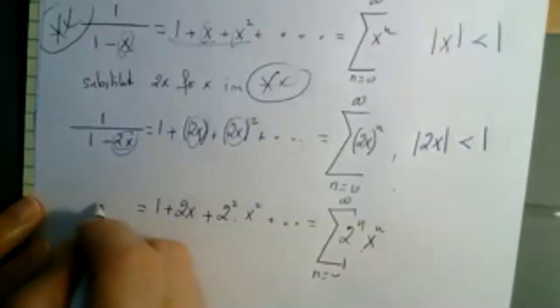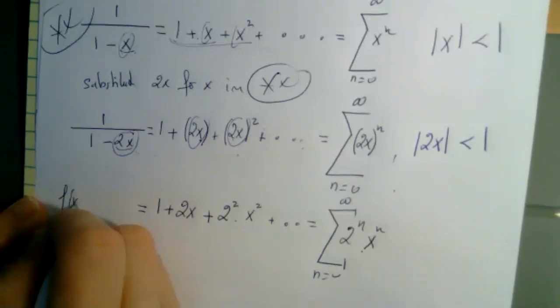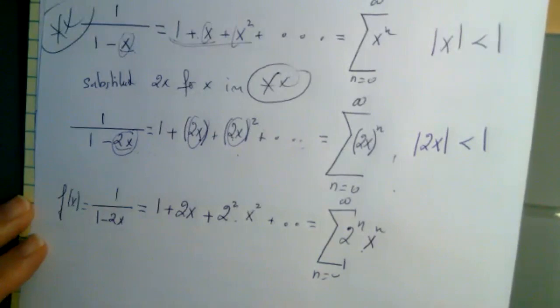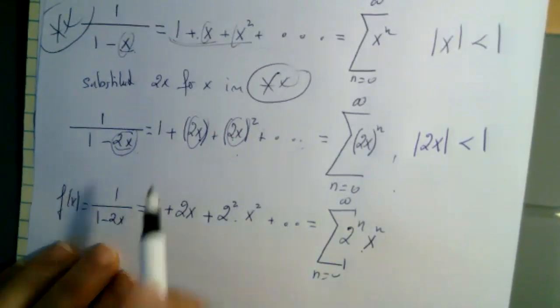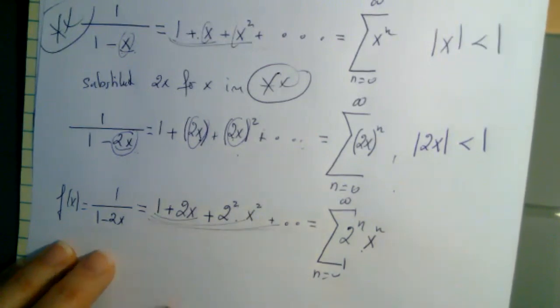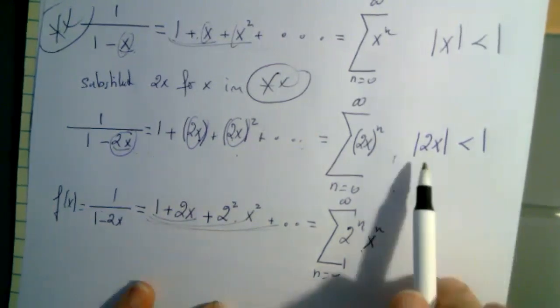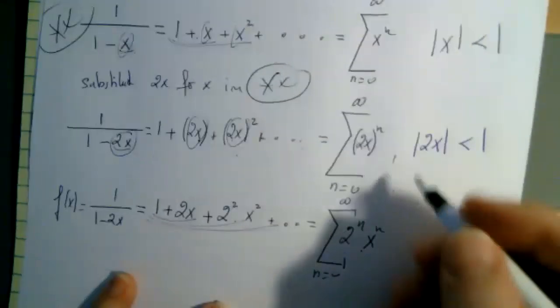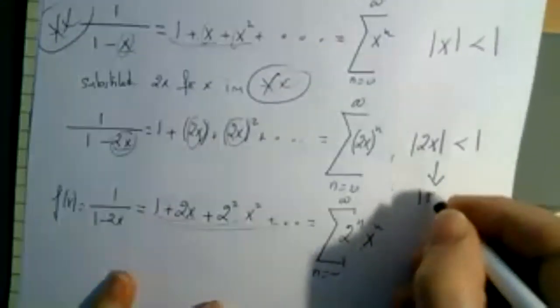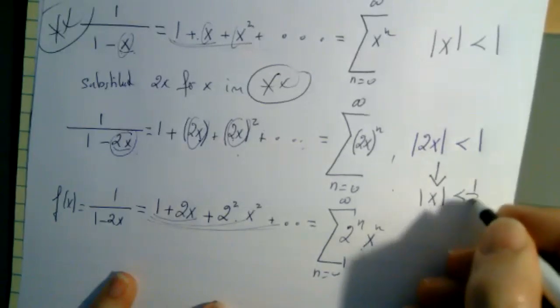So it means my function 1 over 1 minus 2x can be written as this sum. We can write it as this infinite sum, but I can do that when the absolute value of 2x is less than 1. But if the absolute value of 2x is less than 1, it means x is less than a half.